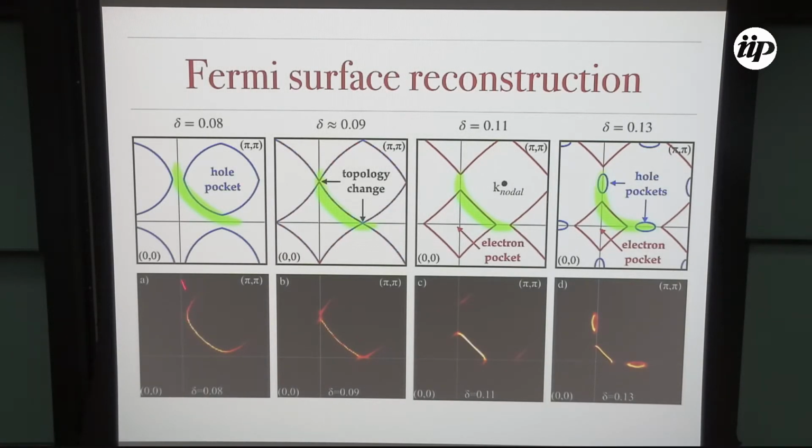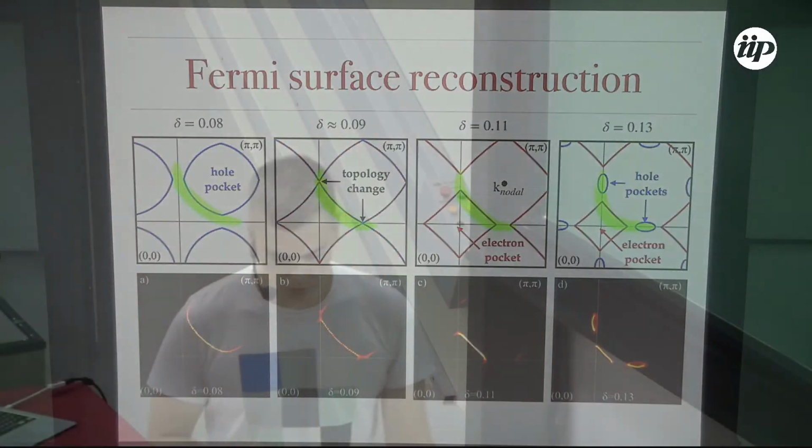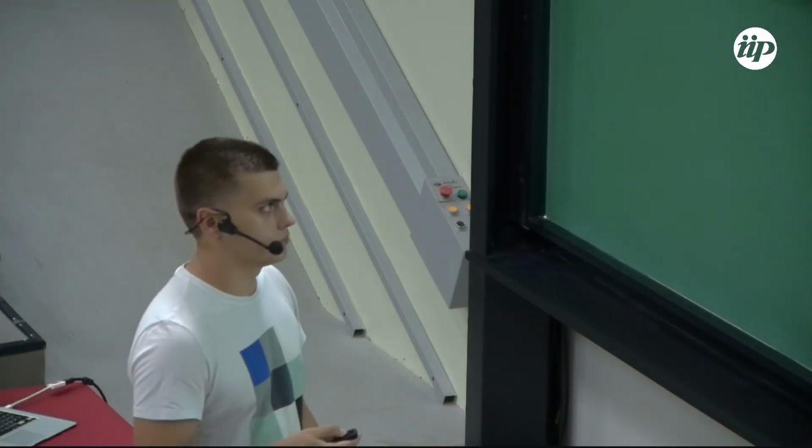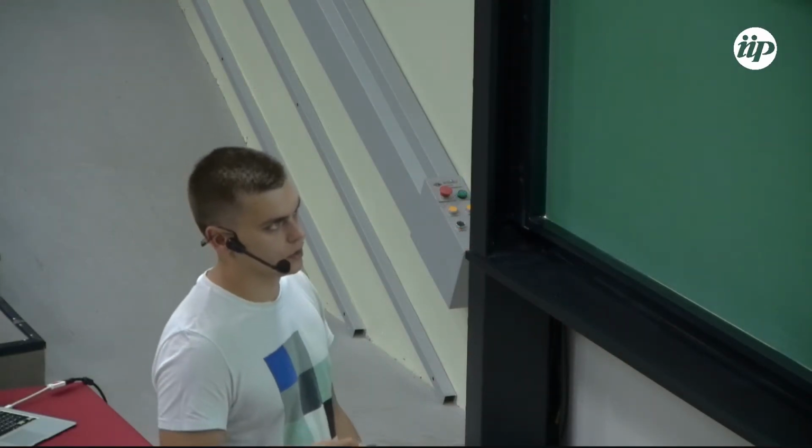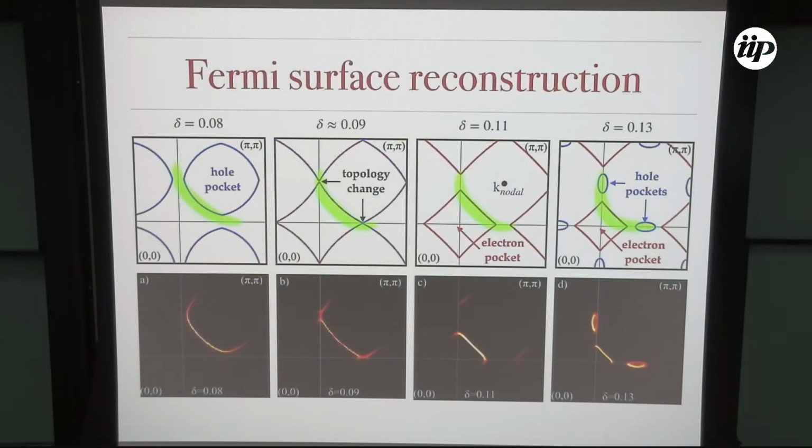The next step is to calculate the Fermi surface accounting for the distribution of the spectral weight. You can see the previous Fermi surfaces here, and we can remap some spectral weight. It looks like a pseudogap distribution, which is mapped onto the CDW phase Fermi surfaces.